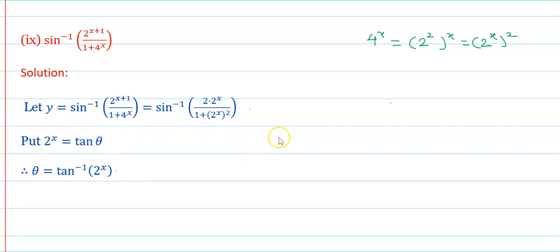Okay. If we substitute 2 raised to x equals tan theta, then theta equals tan inverse of 2^x. Now I will write here y equals sine inverse of, in bracket, 2 times 2^x, which is tan theta, upon 1 plus (2^x) squared, which is 1 plus tan square theta.